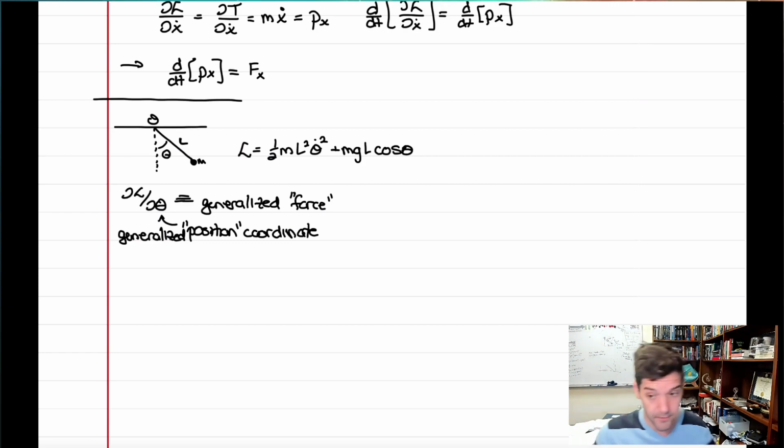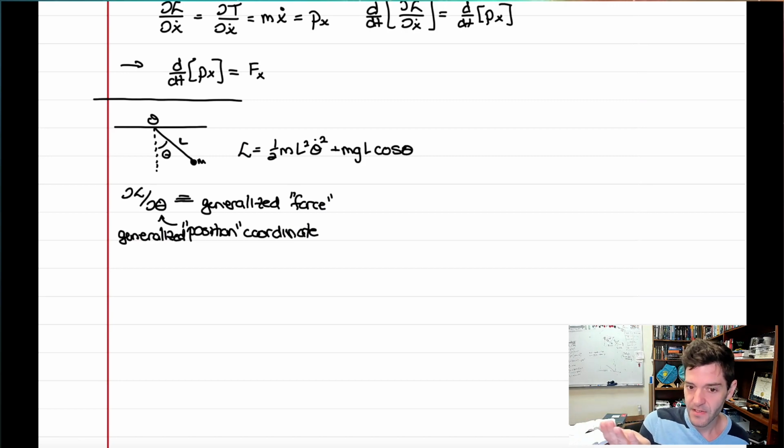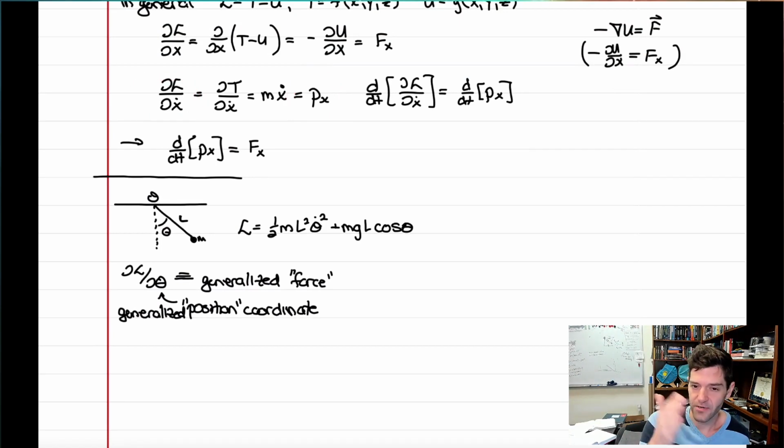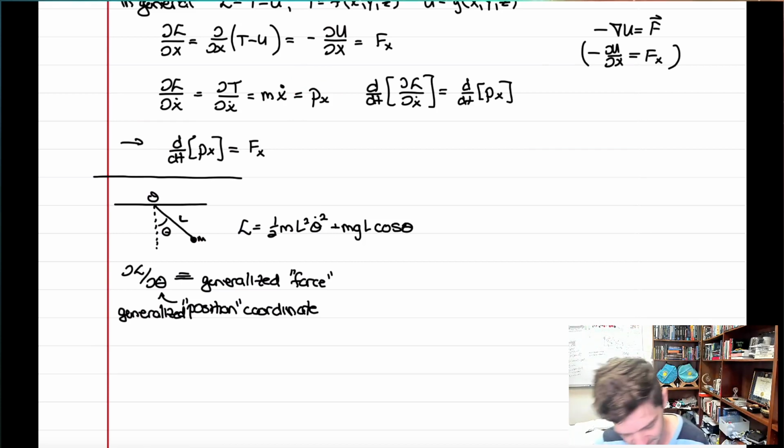And it will not always have units of force, but we can think of, if I take the partial of the Lagrangian with respect to a generalized position coordinate, that's a generalized force. Just how, if we scroll up, when I took the partial with respect to x dot, I got a momentum. Then we can think that the partial of the Lagrangian with respect to a generalized velocity is going to give me a generalized momentum.